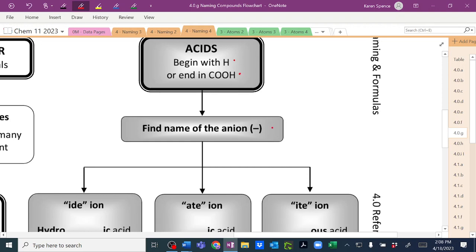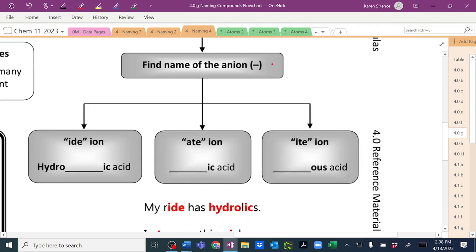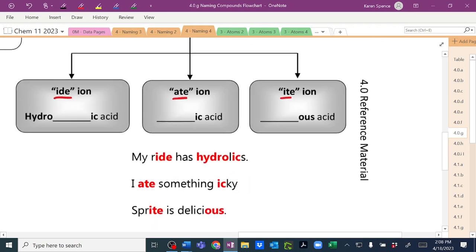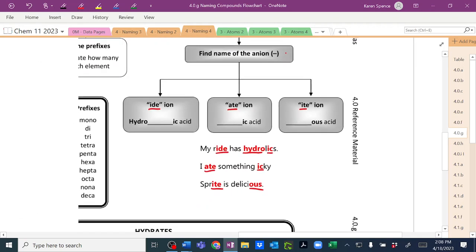I find the name of the anion, and I name it depending if it's an "-ide" ion, an "-ate" ion, or an "-ite" ion. And there's a little mnemonic underneath, so that will help you with that. I'm not going to teach this today because you've got enough on your plate, but if you're working ahead, you can find this, and there's a little Tyler DeWitt video on it as well, okay? But if you're working ahead, that's there.